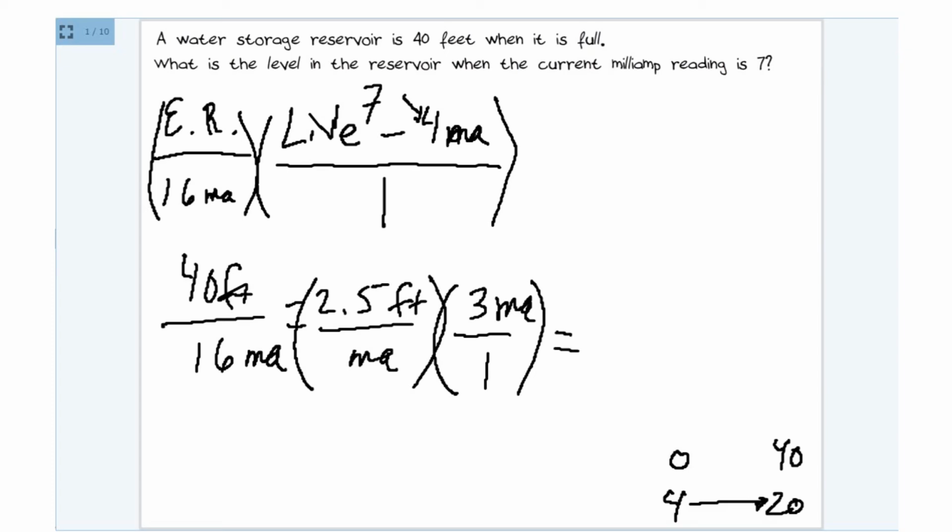Now, notice milliamps are going to cancel with milliamps, and if we multiply 2.5 times 3, we're left with 7.5. And the only unit of measure that we're left with is feet, and so therefore, they will carry over. So the answer is 7.5 feet.